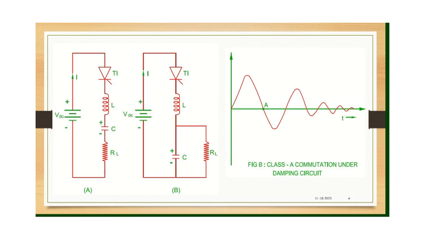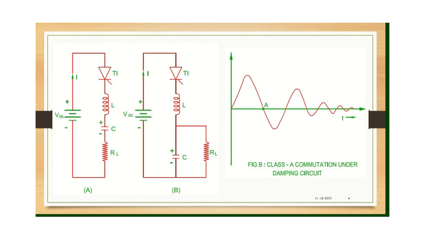The polarity of the inductor will be plus here and negative here. The negative potential of the inductor is now connected to the cathode, which puts the SCR in the reverse bias condition. The current in the circuit will be dropping, and eventually the current across the SCR also drops. The energy from the inductor gets dissipated to the capacitor, and the capacitor charges further.